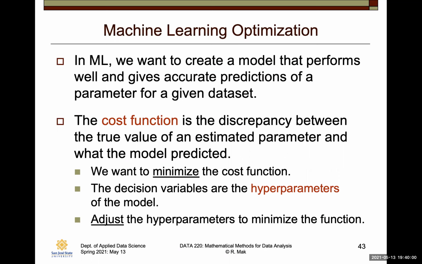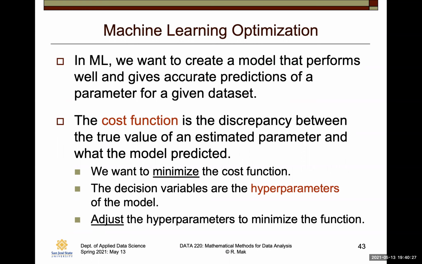Now, these are the hyperparameters. And so you want to adjust the hyperparameters. Yeah, you want to adjust your model in order to minimize the cost function, right? You want your model to predict as well as possible. And in other words, you want to minimize the difference between the predicted values and the actual values.